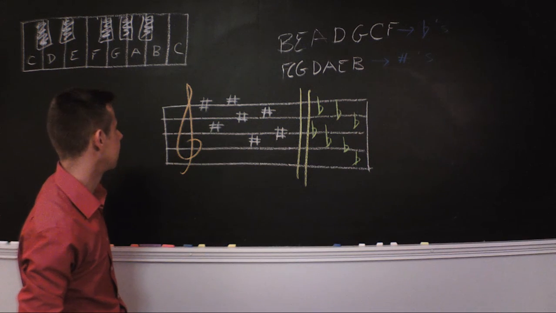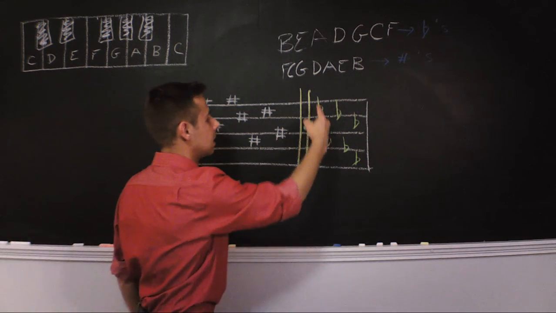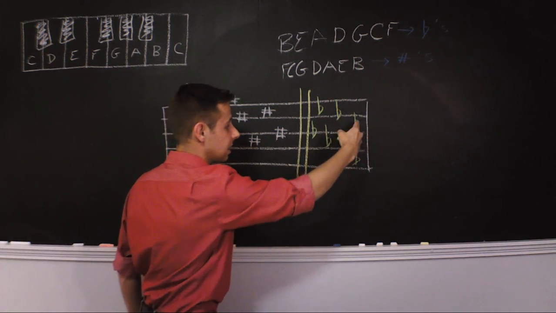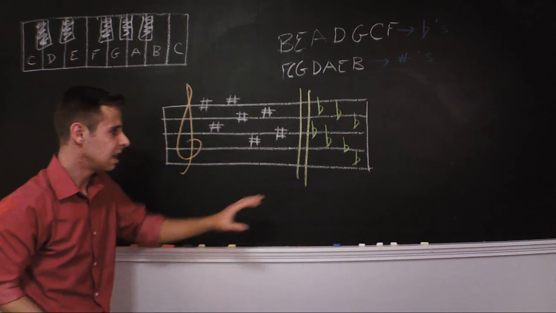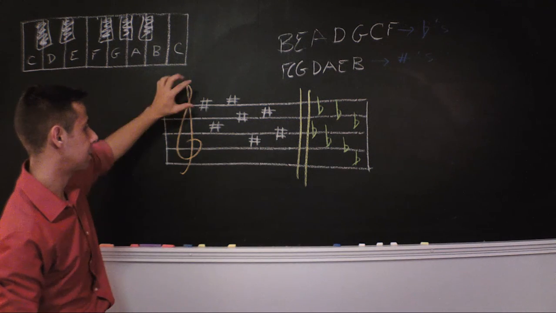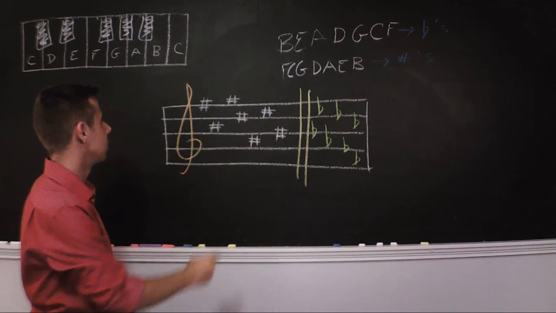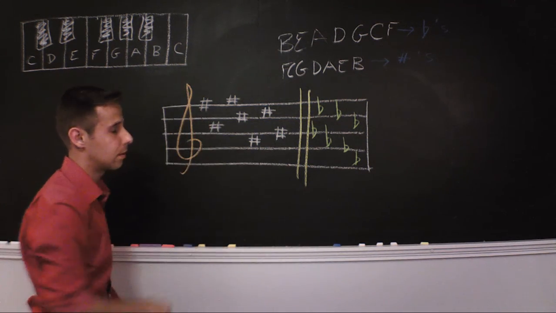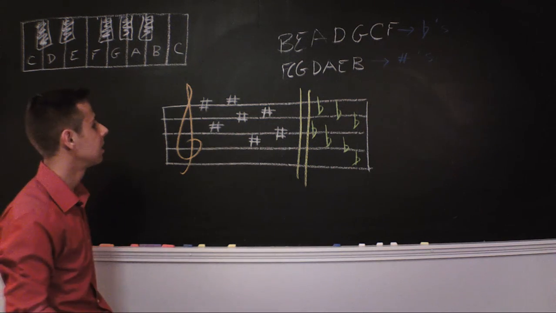So we have B flat, E flat, A flat, D flat, G flat, C flat, F flat. And this pattern should look the same when you go to bass clef. It's just transposed down. So F sharp will be on the 4th line, etc., etc.